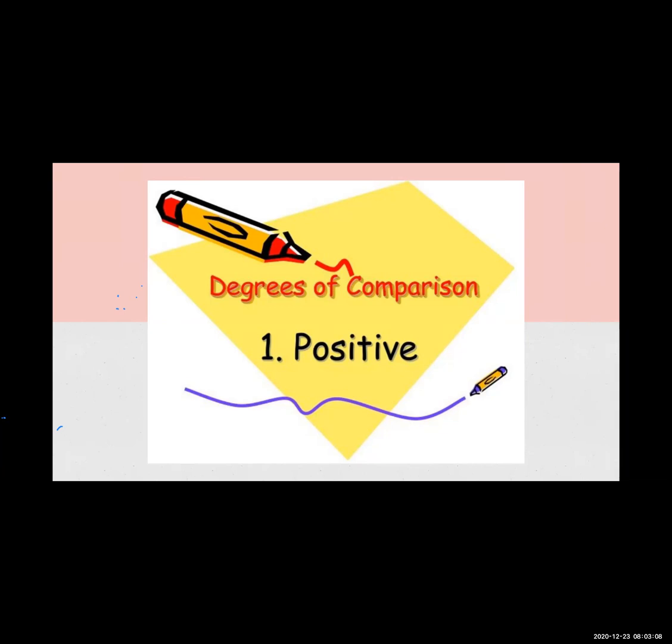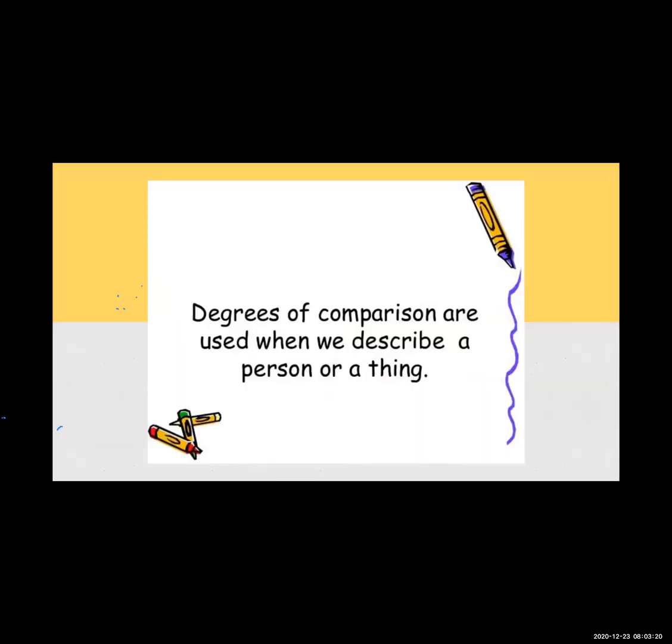Now what does that mean? We will see further. This is the first type, positive degree, as it is written first here. Degrees of comparison are used when we describe a person or a thing. In the positive degree we describe only one person or one thing.